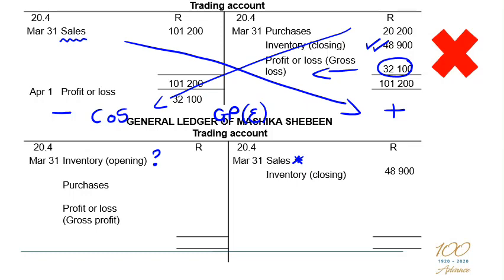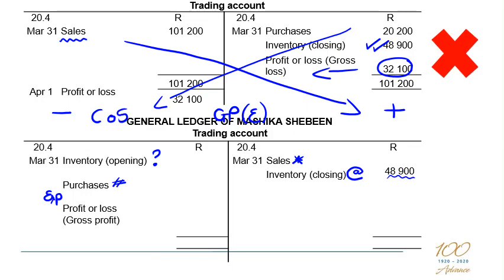I transferred the purchases over to the debit side. I leave space for any expenses incurred. And then I deduct from that the closing inventory, which was actually on the right side, and I have the amount already, 48,900.